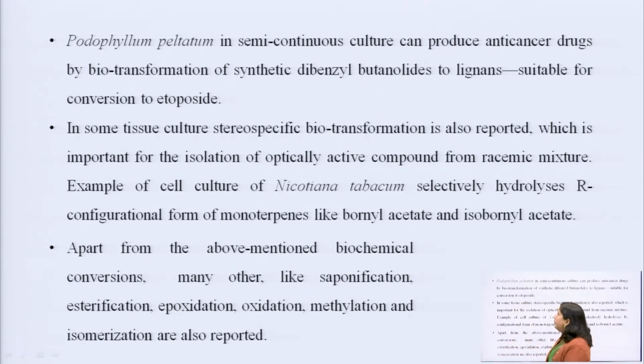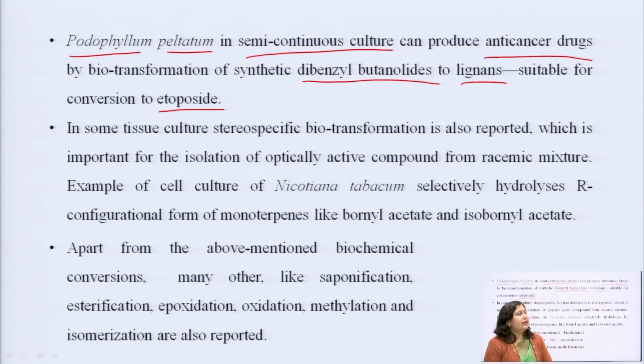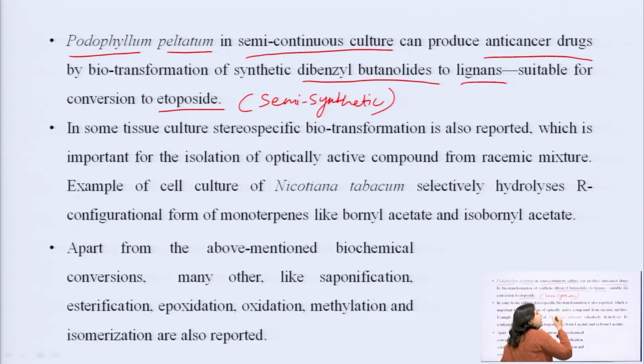Further, another plant is Podophyllum peltatum, which is a source of an anti-cancer drug, and its semi-continuous culture was done. It was seen that it led to the synthetic production of dibenzyl butanolides, which could be converted to lignans, which is helpful in the synthesis of etoposide. Etoposide is a semi-synthetic anti-cancer agent, and the podophyllum gives the basic raw material for its synthesis.